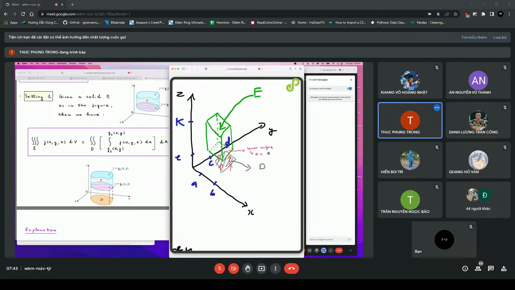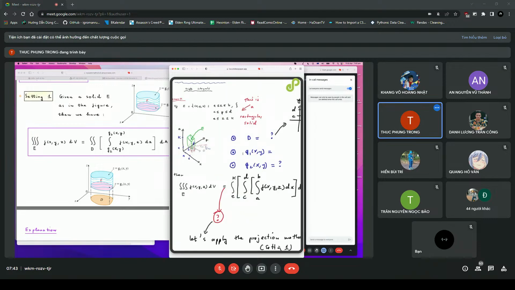Any problem with this one? So let's write e right here. Now we need to know the function z2 of x, y, and again we need to determine the upper surface.